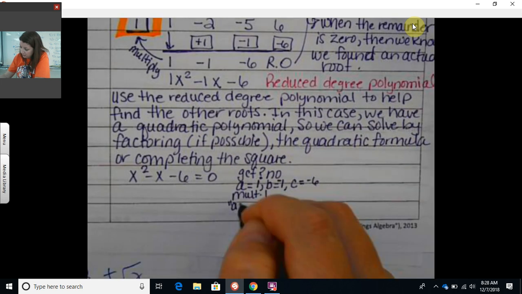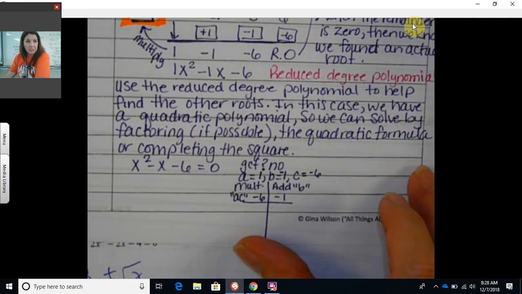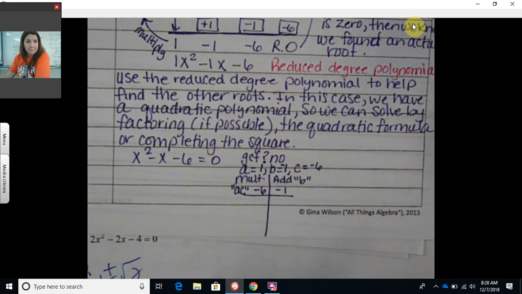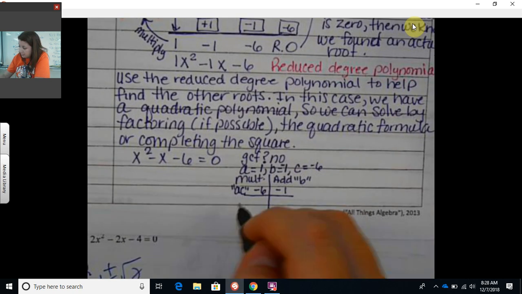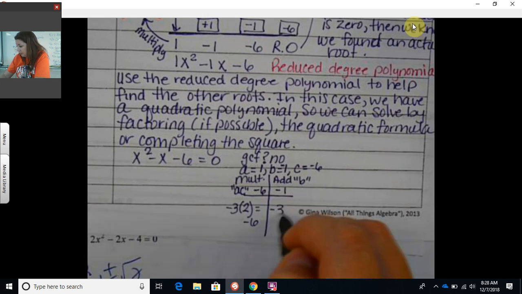We need two numbers that multiply together to give us AC. A times C is -6. And we need two numbers that add to give us B, which is -1. What you got? All right, let's try it out. -3 times +2 is -6. -3 plus 2 is -1.